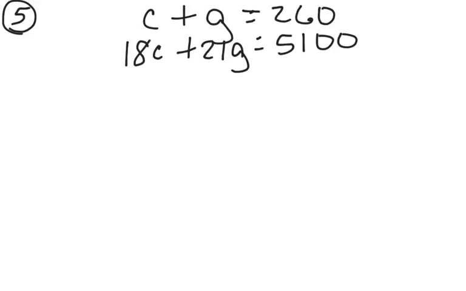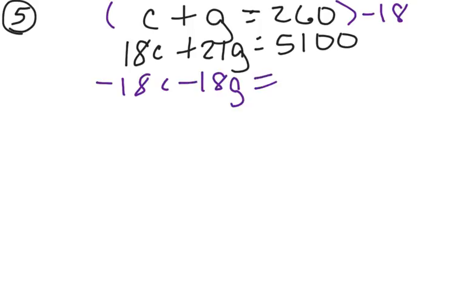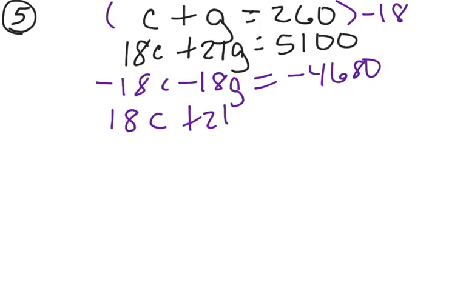There's your two equations. Now you've got to figure out what you want to cancel. I would cancel my C's, which means that the first equation gets multiplied by a negative 18. So negative 18C minus 18G equals negative 4680. Bring your second equation down just like it is because it's all good.